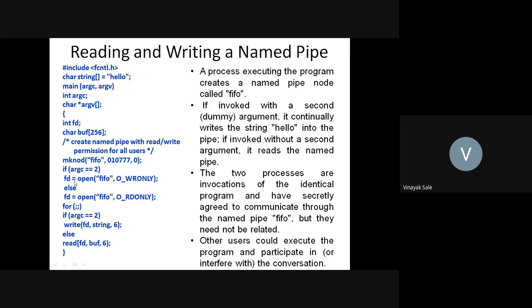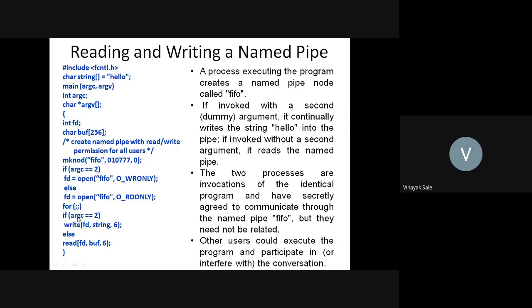If this condition becomes false, argument c is equal to 2, this condition becomes false, so go to open the file in first in first out manner for read only. Execute the for loop infinite times.